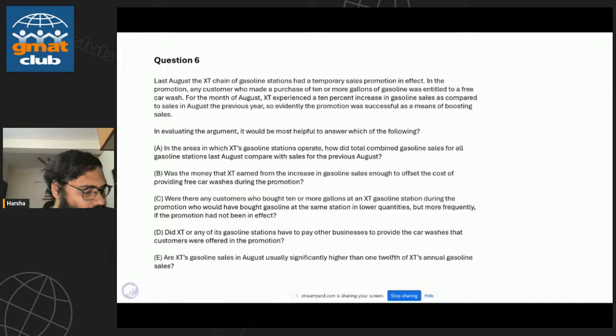It's roughly 55% A and 45% C. Fair. A is not telling us about whether the promotion helped.